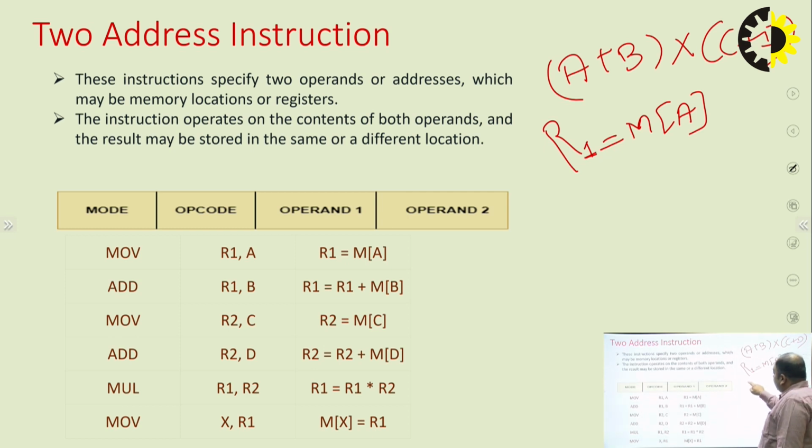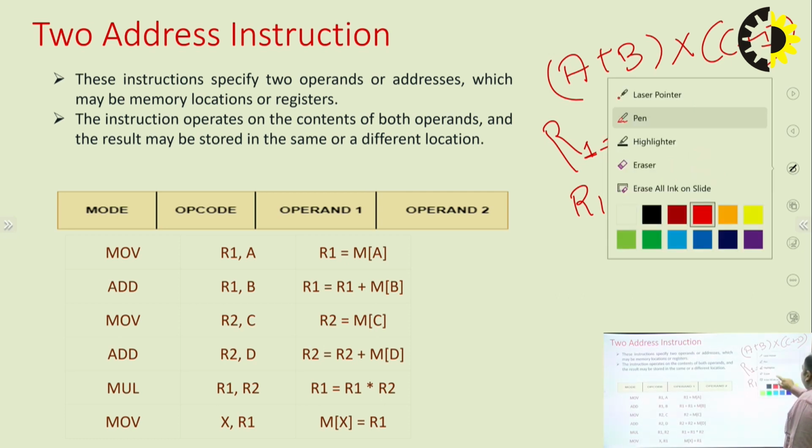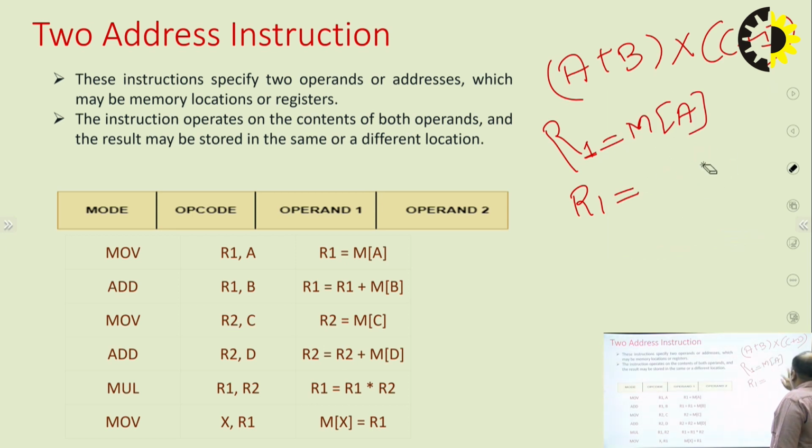Now in R1 we add the memory address of B: R1 equals R1 plus memory address of B. This is the first part of our instruction, A plus B.